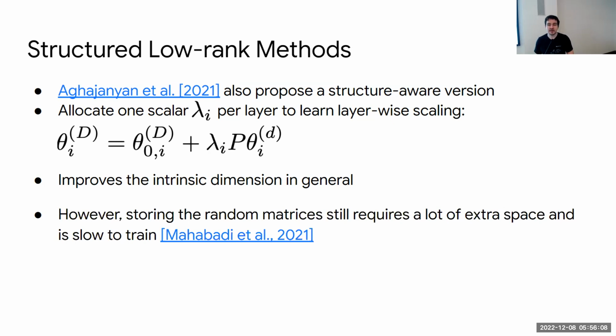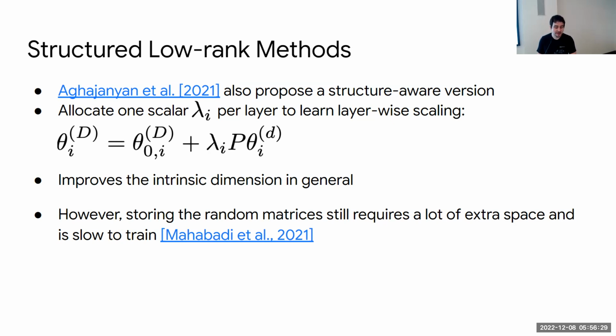However, the main downside, and why I think most of these types of methods have mostly been reduced to the analysis part, is that storing these random matrices is still quite expensive, even though we use this fastfood transform, which is already more efficient.